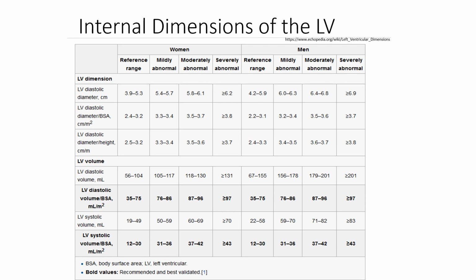And again, there are normal values, and the normal value tables can be looked up easily online. And the values do differ for males, females, and also by BSA. So you can index that to a person's body surface area, especially if you have somebody who is extremely small or large.